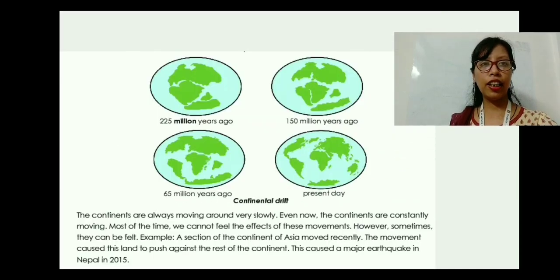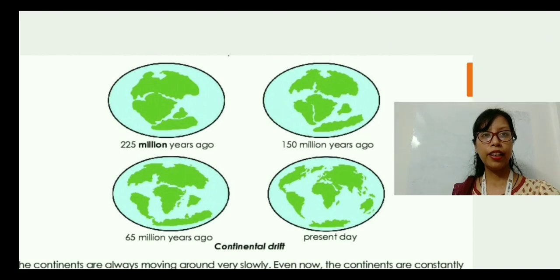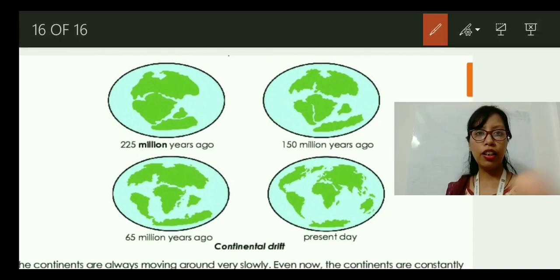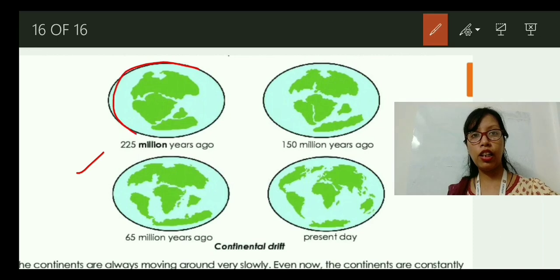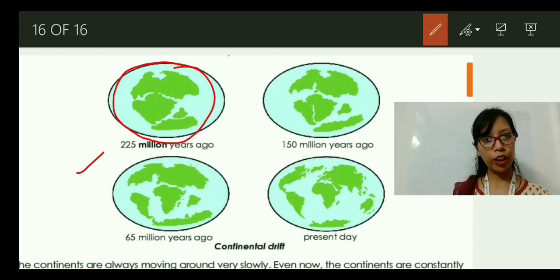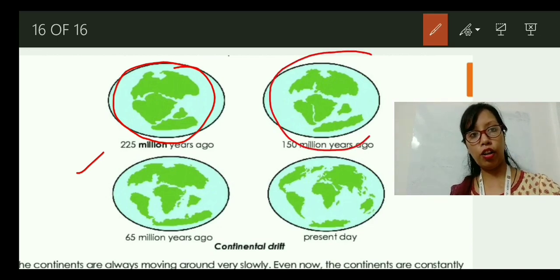As you can see, here is a picture that is given in your book. The first picture shows that 225 million years ago, the landmass was like this. Then 150 million years ago, it had separated a lot.